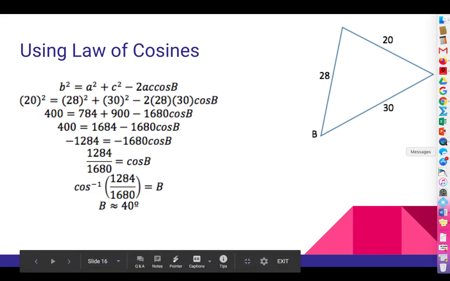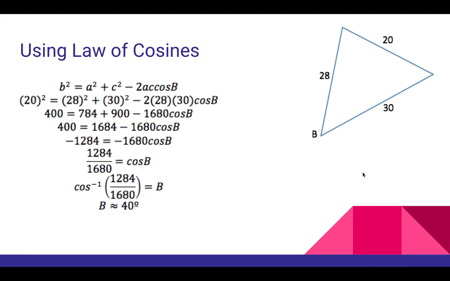So we solve it down. Put in 20, 28, 30, did some simplifying, did some more simplifying, subtracted 1684 to the other side, divided by the negative 1680, did an inverse cosine because I'm trying to get the angle, and I get that angle B is about 40 degrees.